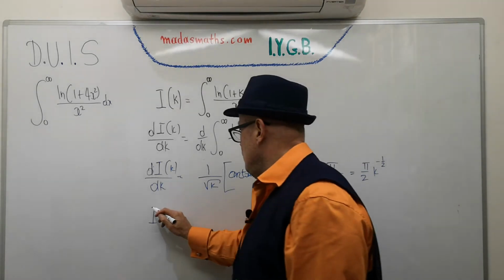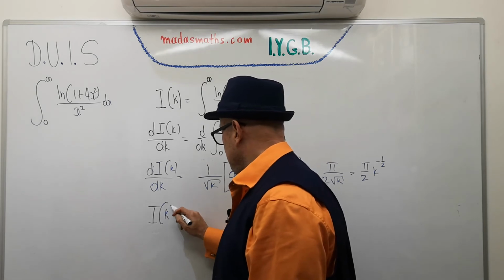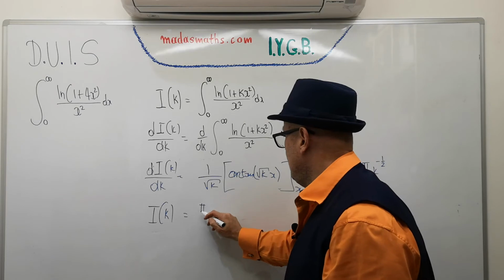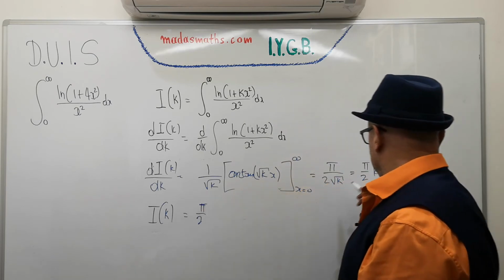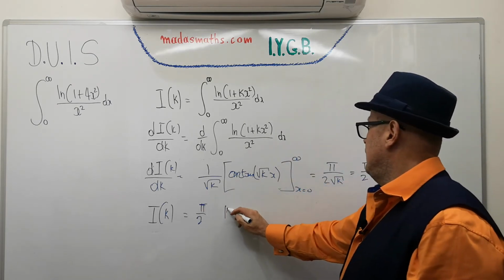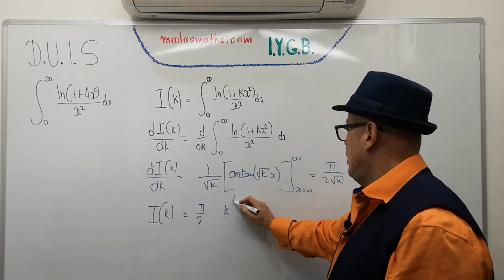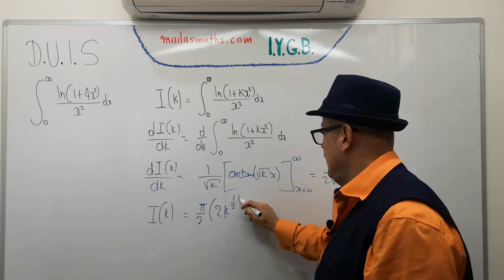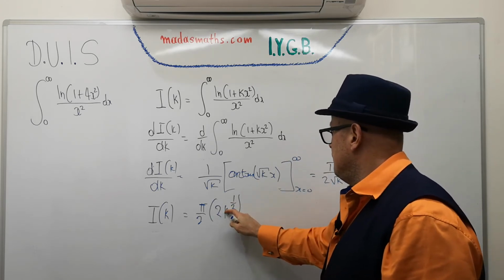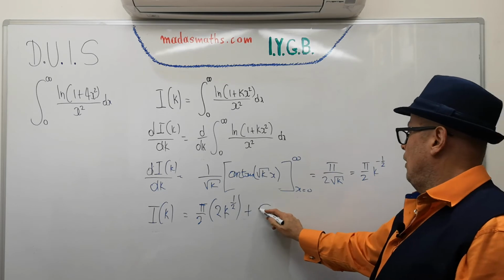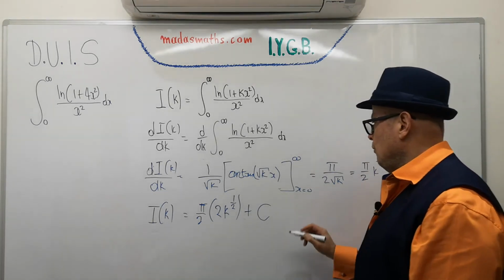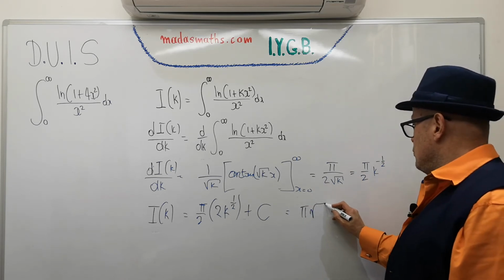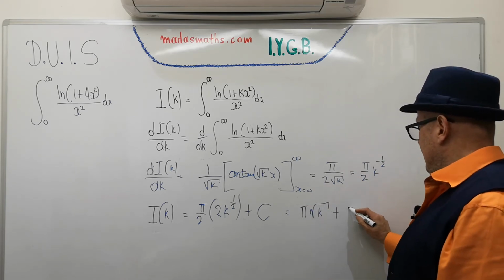So the I of k, when I integrate this, is going to be pi over 2, which of course is a constant at the front, and increasing the power by 1 is going to give me k to the power of a half, dividing by the new power is going to give me a 2, k to the half, plus of course a constant of integration, which will simplify further to pi square root of k plus c.